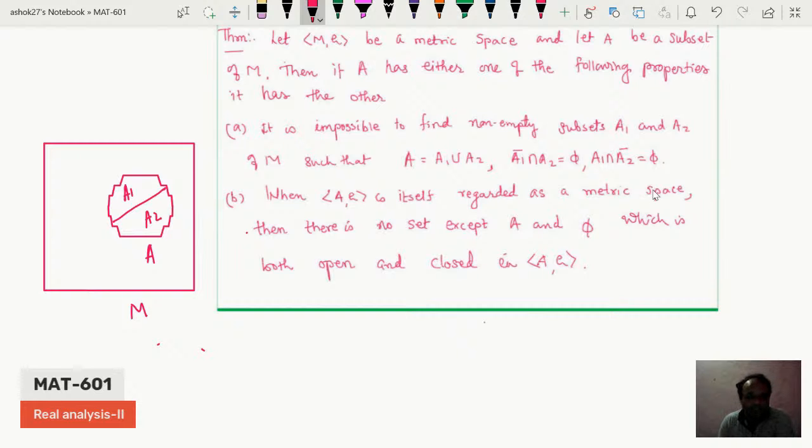So when we say A is connected, it is not possible to find such a pair that A1 union A2 is equal to A and A1 closure intersection A2 is empty, or A1 intersection A2 closure is empty. Such a pair does not exist, so then naturally A will be a connected set.